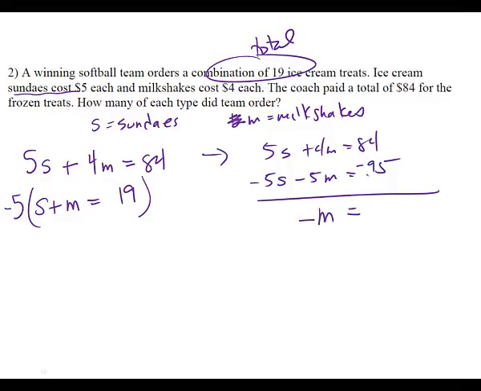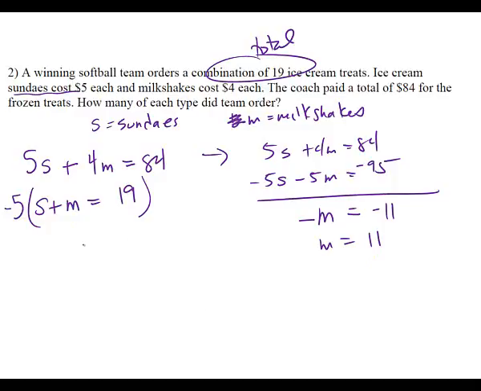Negative 1m. 84 and negative 95 is negative 8. And then, is it 8 or 11? 11. Sorry. Looking at the wrong answer. All right. Oh, highlighter. That's not good. All right. And then we divide by the negative and we end up with 11 milkshakes.